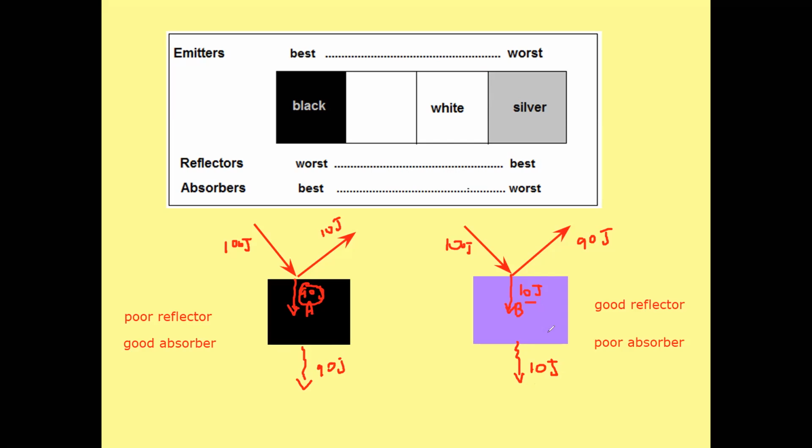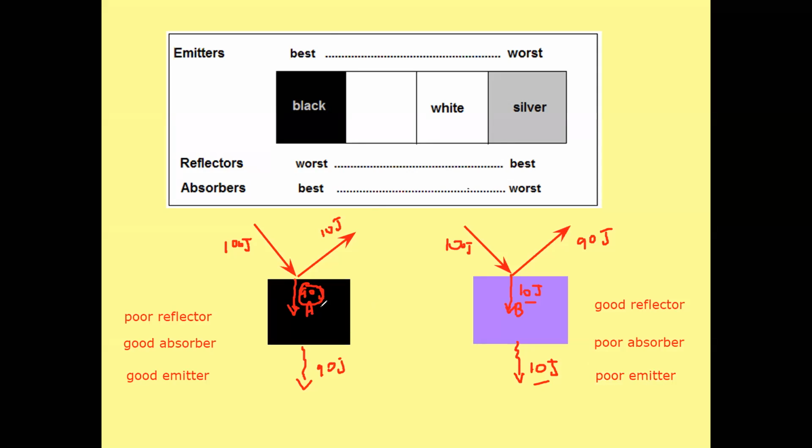The other only absorbed 10, so it will release 10. Which one releases a greater amount of energy? So A is a good emitter, and B is a poor emitter.